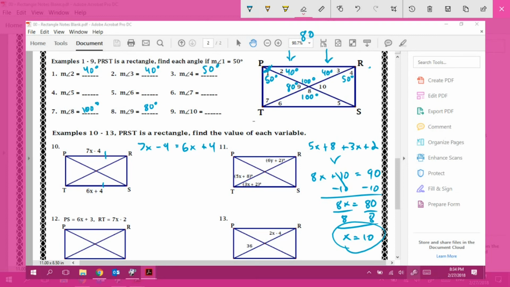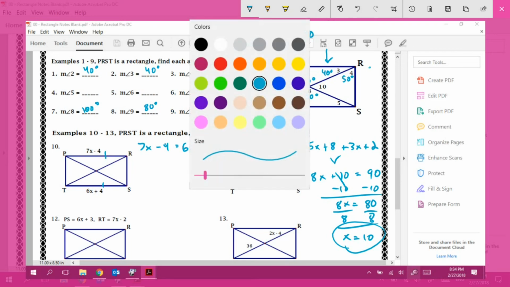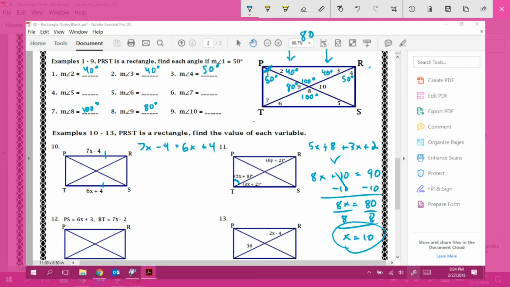Well, I can see that this angle over here, and this, no, that's the wrong one. The angle on the bottom right here, and this angle on the top right here with the y, those are alternate interior angles, which means they are congruent. So my equation could be 3x plus 2 equals 6y plus 2.